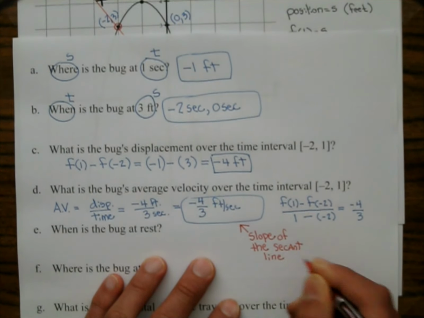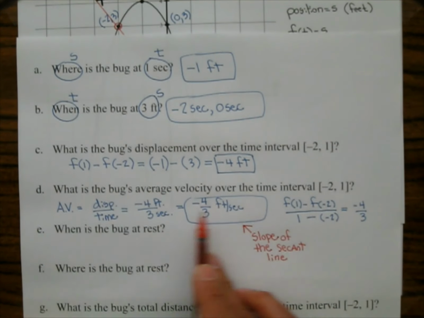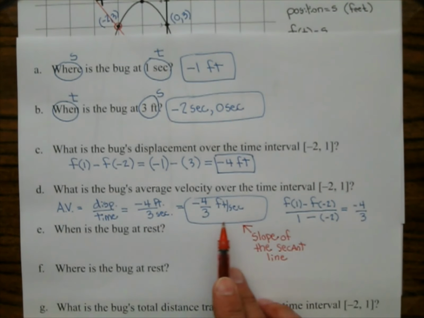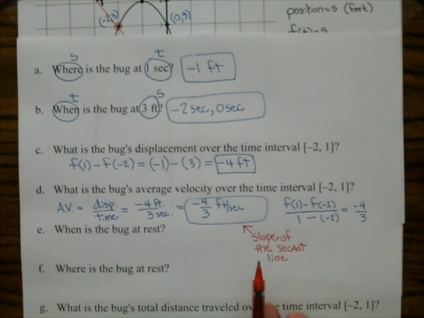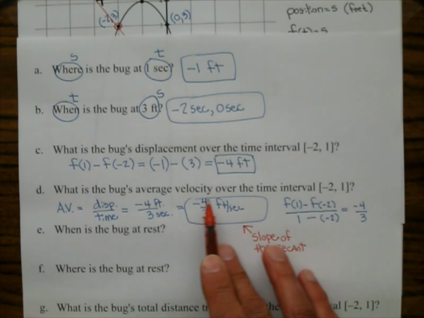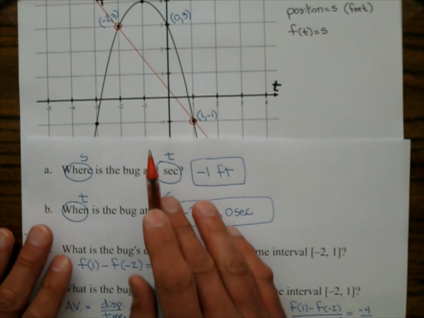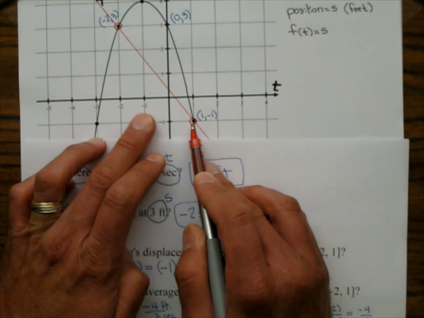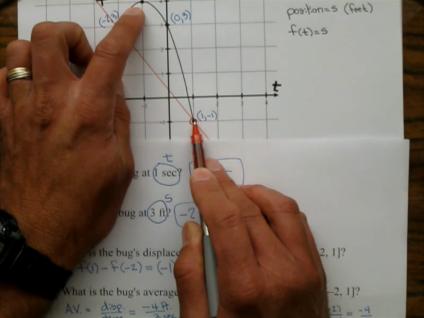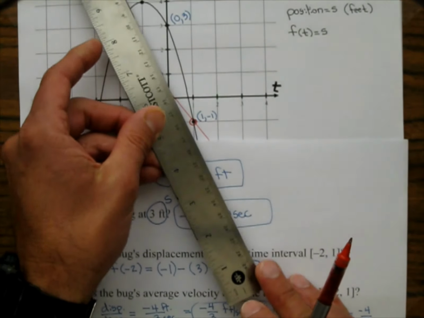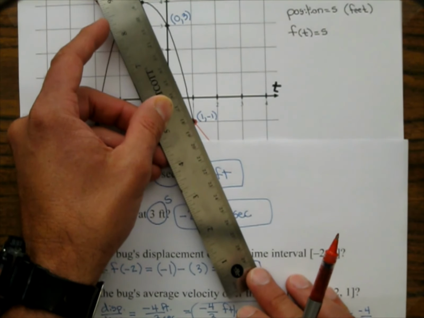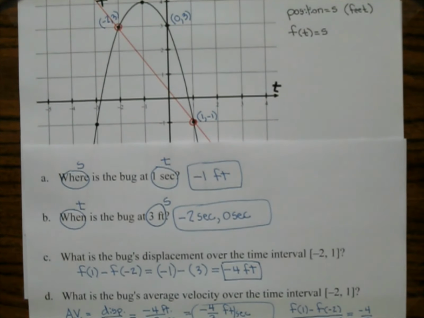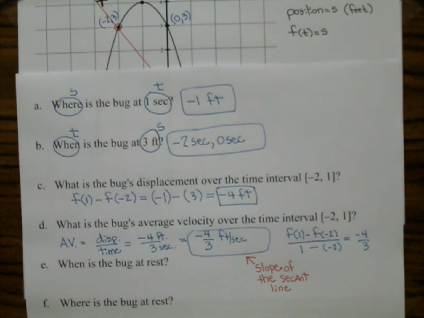If we were asked this question again, I'd probably still do it the same way, but we want to make this realization because it's going to help us with calculus. If they wanted the average velocity on the time interval from negative 1 to 1, we'd have this dot here and this dot here, and the average velocity would be the slope of that, which I would just do algebraically here.